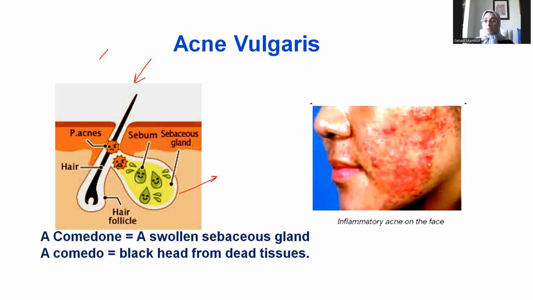I might also ask you to justify why acne vulgaris is a chronic disease. It is a chronic disease because of three main characteristics, just like any other chronic disease: a slow onset, a prolonged course, and mild symptoms and signs. On the other hand, what are acute inflammations or acute diseases?